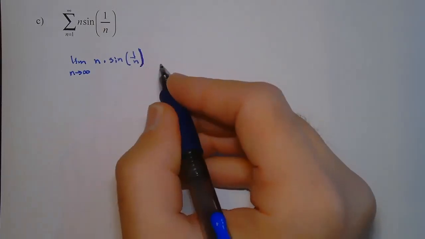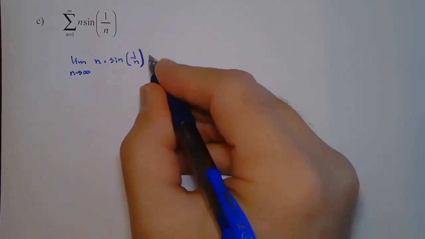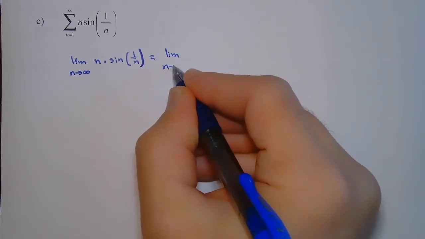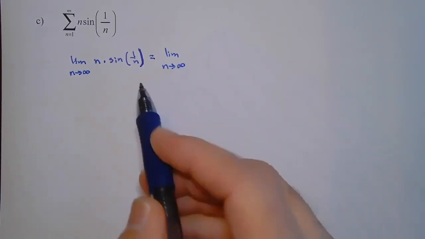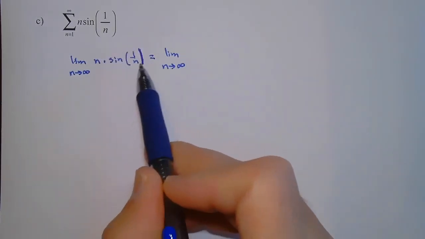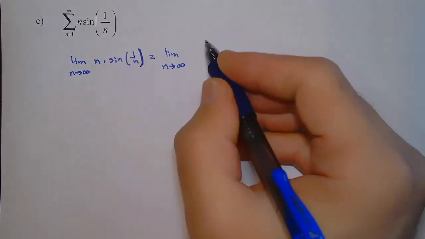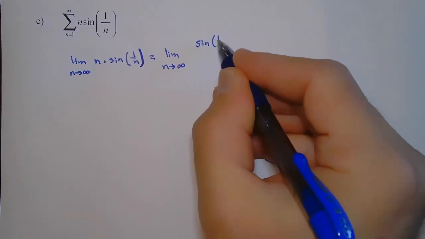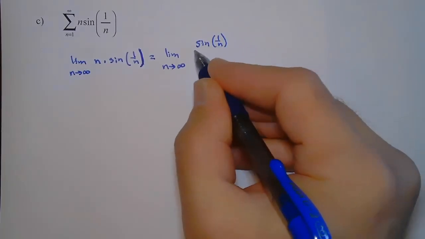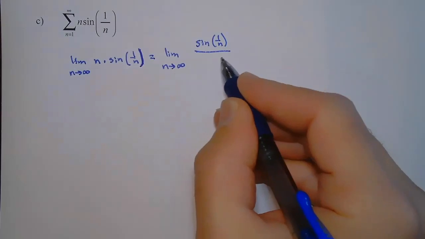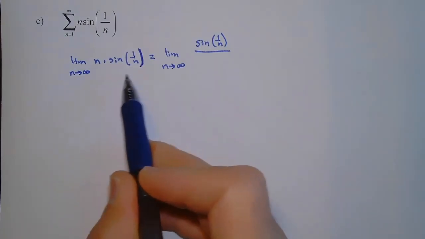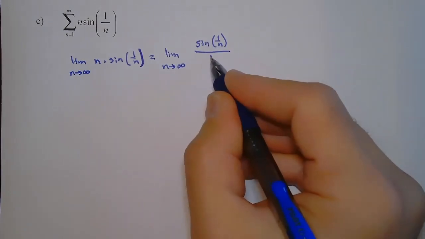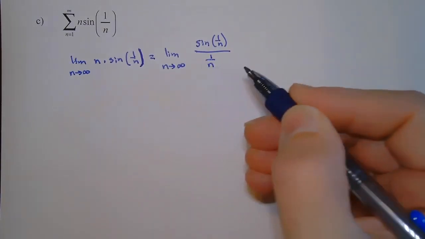That's going to look like this: the limit as n goes to infinity of sine of 1 over n over, and what we have underneath here is a 1. So 1 over 1 times 1 over n would be 1 over n.